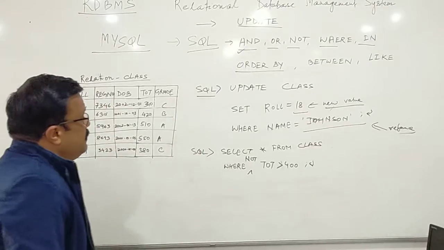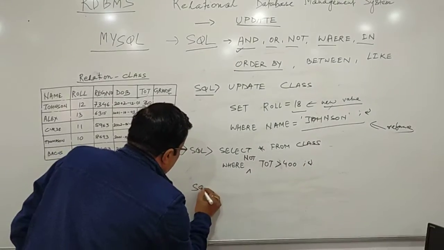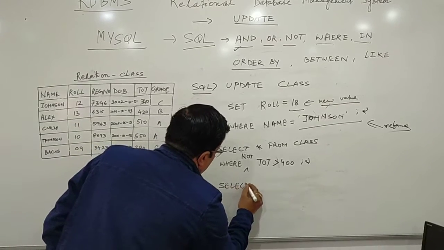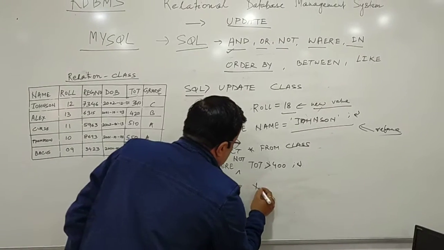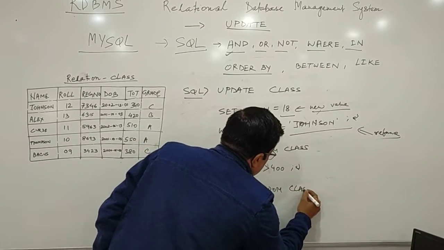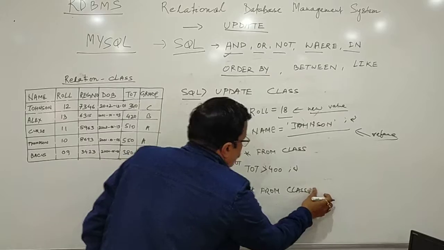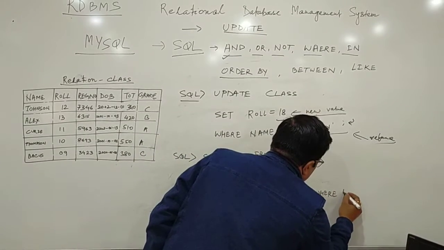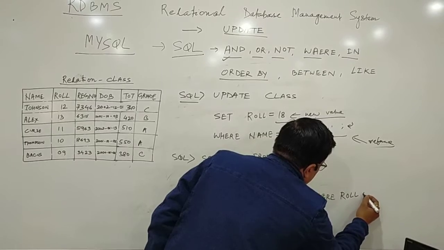Next is IN. I want to display particular records using IN. Select asterisk from class where roll is the column, in.